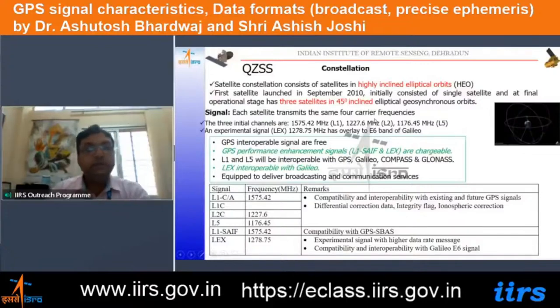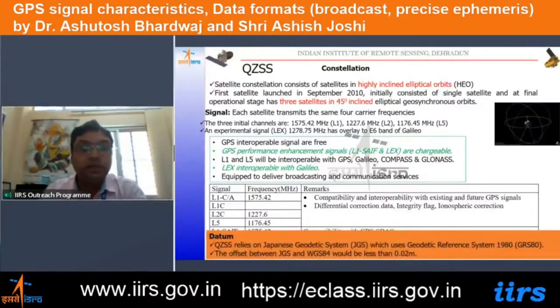Now this has GPS interoperable free signals for the public, whereas the high performance corrected signals, SLAS and LEX, are chargeable. LEX is also interoperable with Galileo. So basically again you will see L1 and L5 used here for interoperability with other GNSS systems.